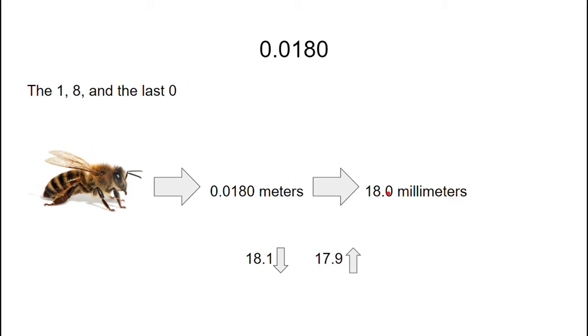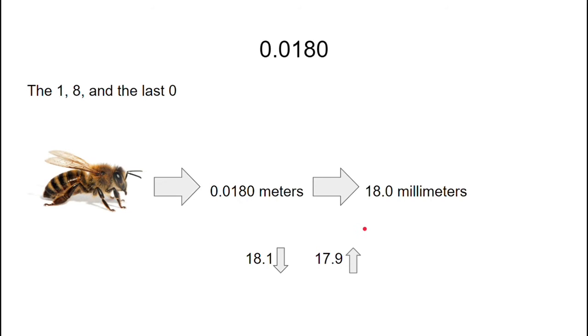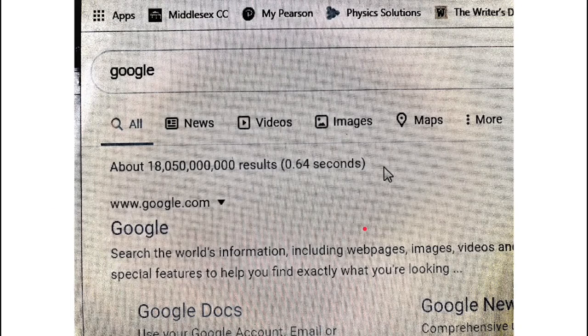And now that we saw a couple of small numbers, let's try and see significant figures in a couple of larger numbers. Okay, so I googled Google on Google, and I got about 18 billion and 50 million results. 18 billion, 50 million.